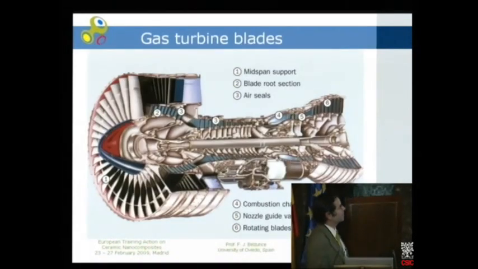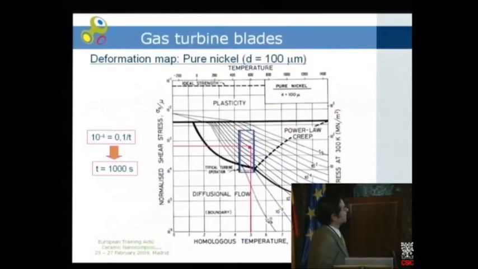First of all, I want to show you the example related to the development of the blades used in gas turbines at the highest temperature levels. And to give you an overview of how these materials have been developed during the last 20, 30 years, let us start with the behavior of nickel.